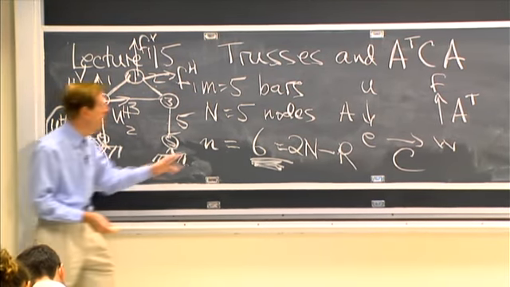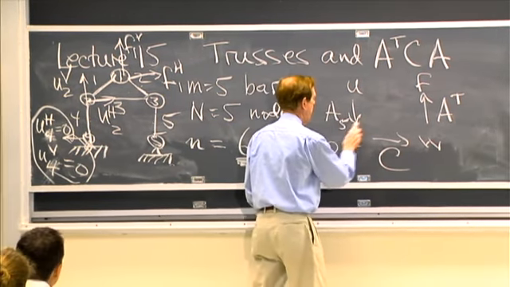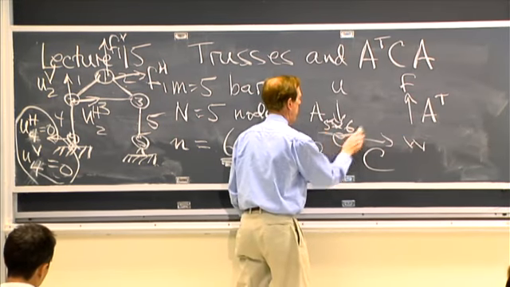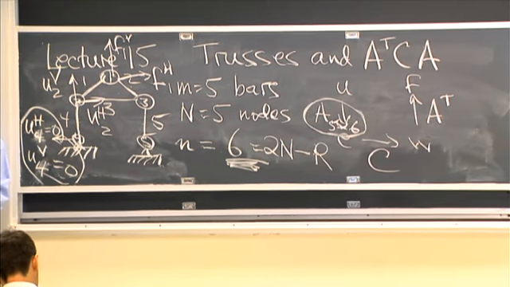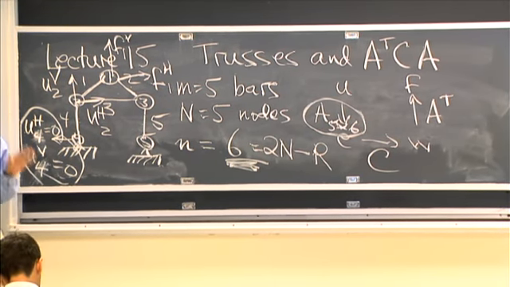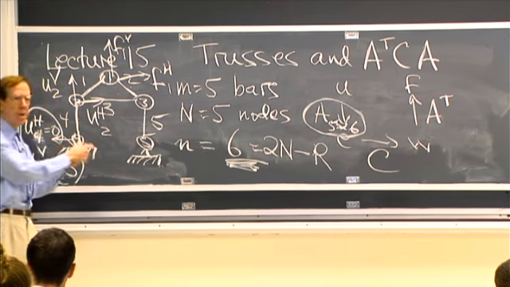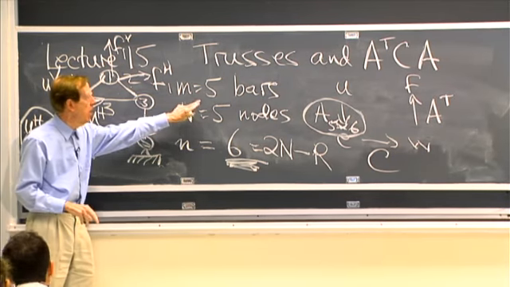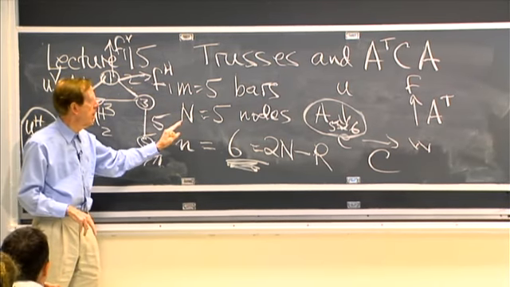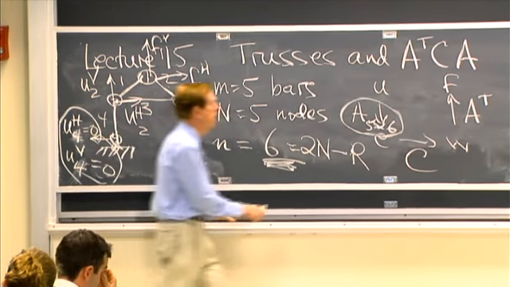So my matrix A, it's always m by n, will now be 5 by 6. Now you're going to ask, what is that matrix? But let me hold that off for a moment. I wanted you to see its shape first. You could now do this for a large truss: you count the bars, count the nodes, and then count the unknown displacements, u.